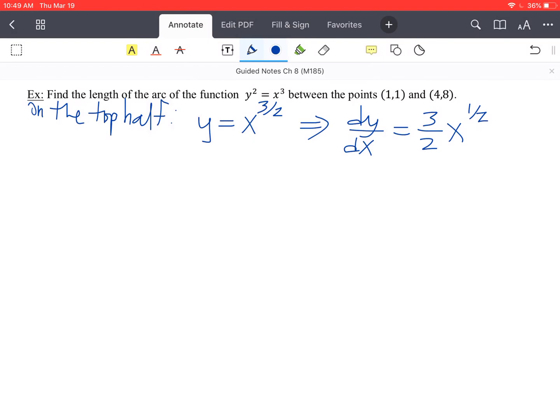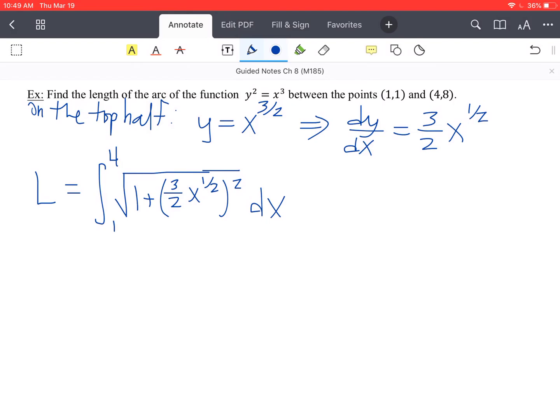So the arc length would be L equals the integral from 1 to 4 of the square root of 1 plus 3/2 x to the 1/2 squared dx.